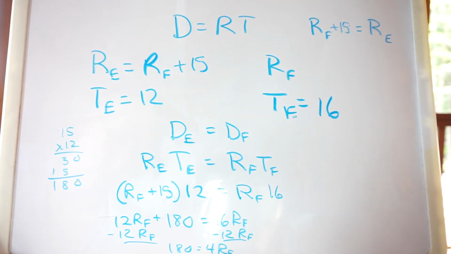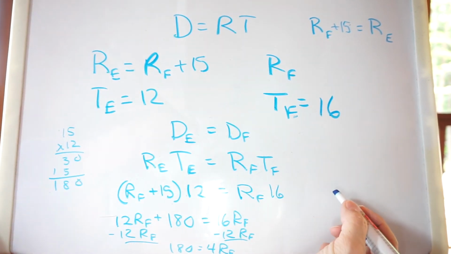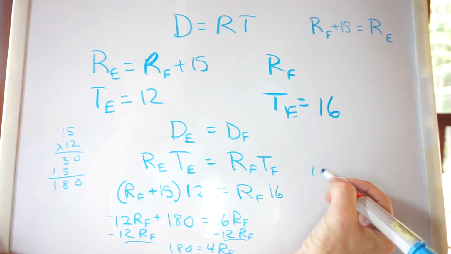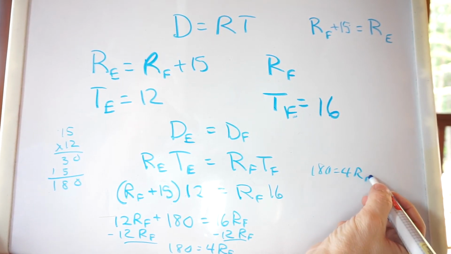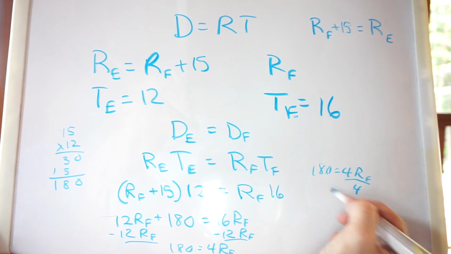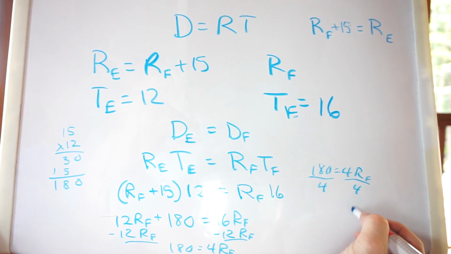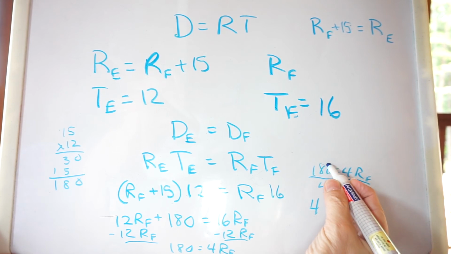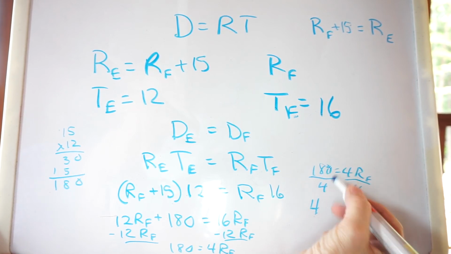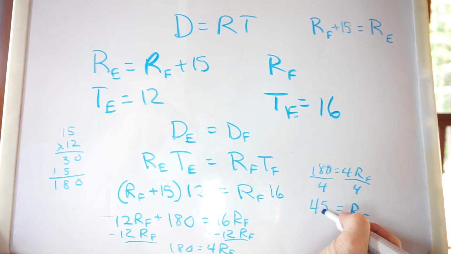To solve for RF, I'm going to divide both sides by 4. So 180 equals 4 RF; divide by 4, divide by 4. 4 goes into 18 four times, that would be 16, so there'd be 2 left over. 4 goes into 20 five times.